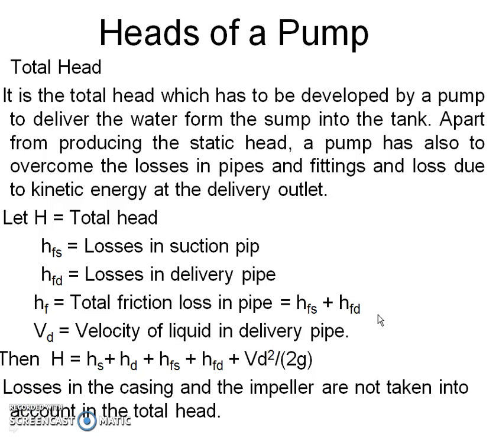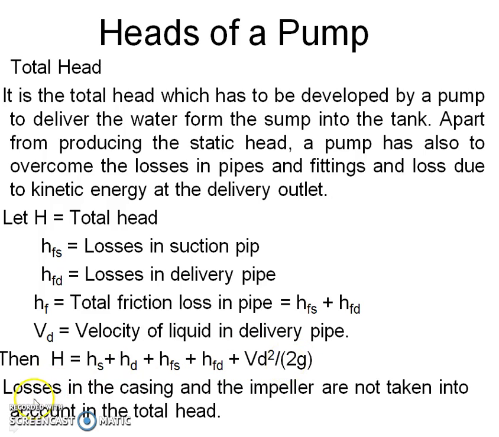Thus the total head H will be the sum total of static suction head, static delivery head, friction loss in the suction pipe, friction loss in the delivery pipe, plus some kinetic head left with the fluid leaving the delivery pipe.